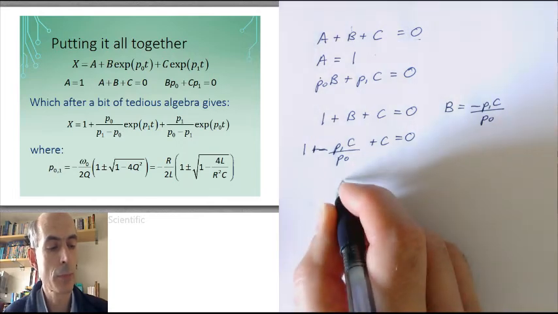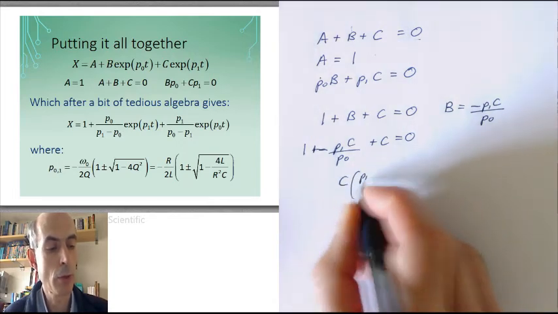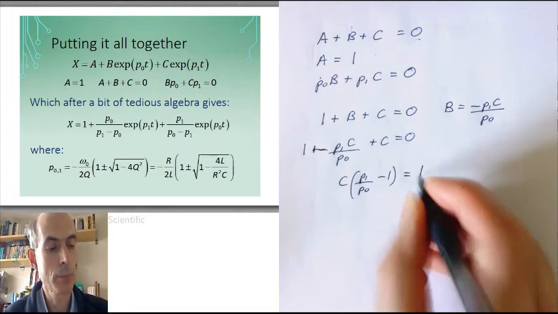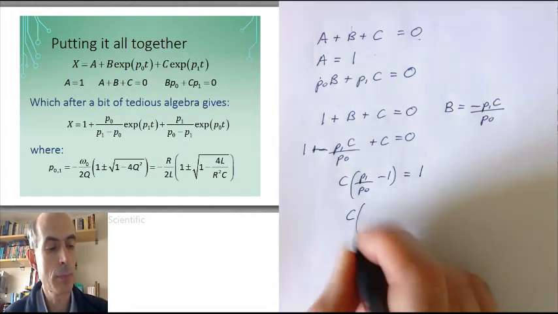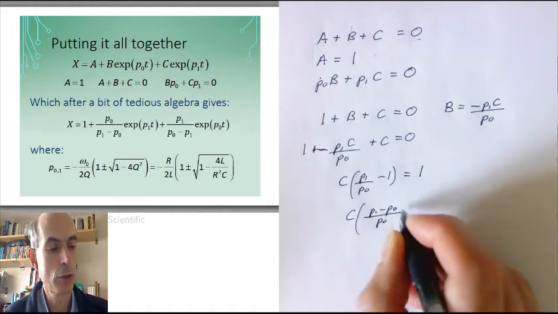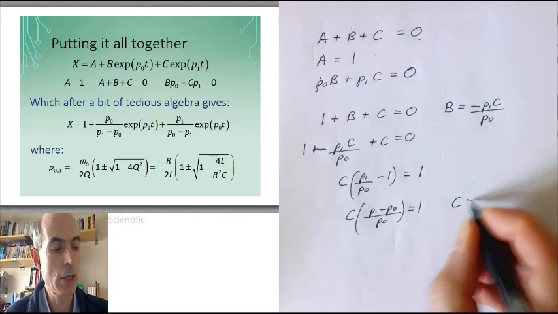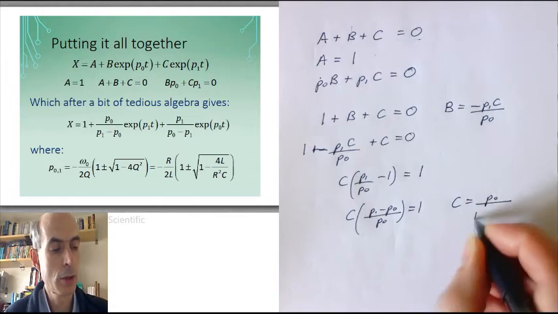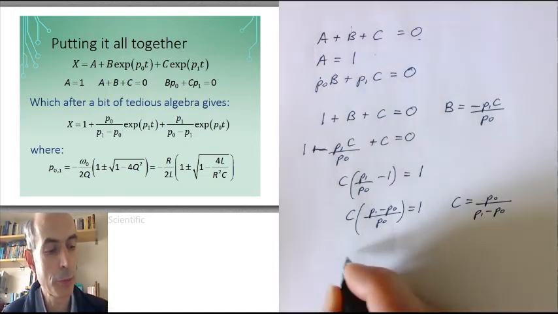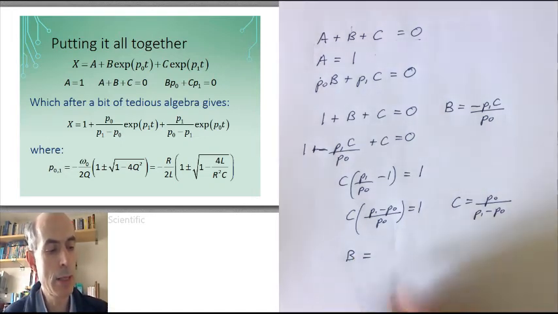So, c times (p1 over p0 minus 1) is equal to 1, or c times (p1 minus p0) all over p0 equals 1, which gives me c equals p0 over (p1 minus p0). And an exactly similar analysis would give me b equals p1 over (p0 minus p1).